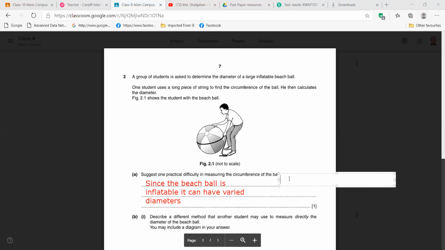So what can we write? We can write that a rope is not suitable for accurate measurements.